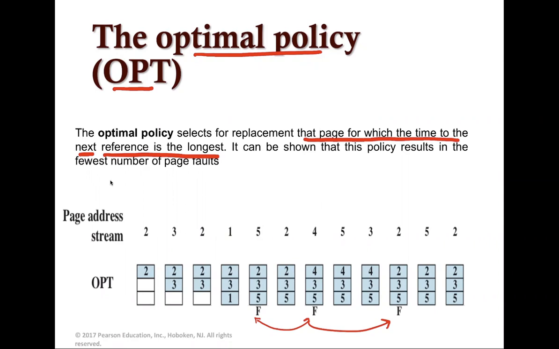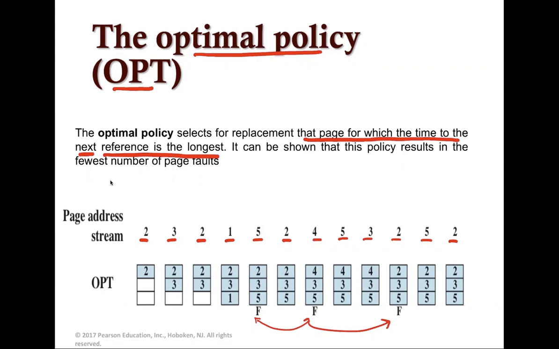The page address stream formed by executing the program is 2, followed by 3, 2, 1, 5, 2, 4, 5, 3, 2, 5, 2. Now we need to perform the optimal policy strategy and see how many page faults would occur and the final allocation of pages using such a strategy.